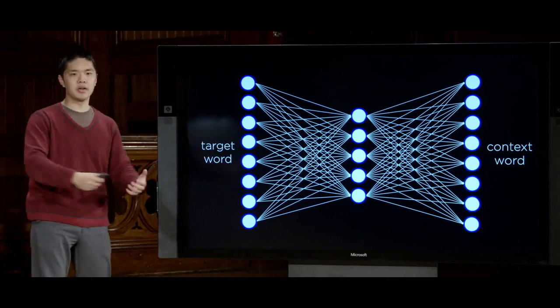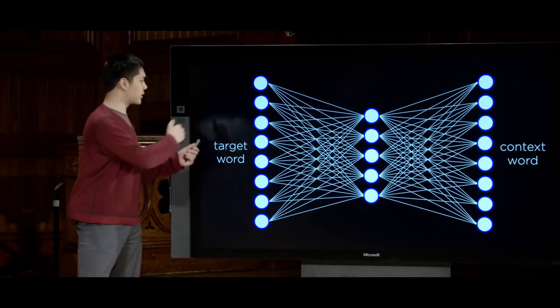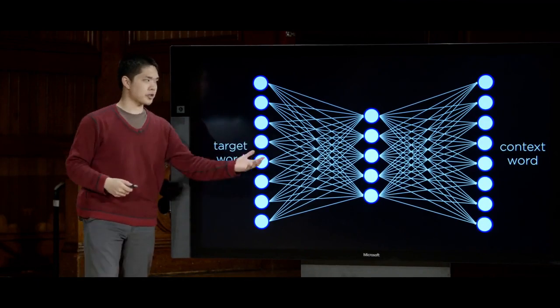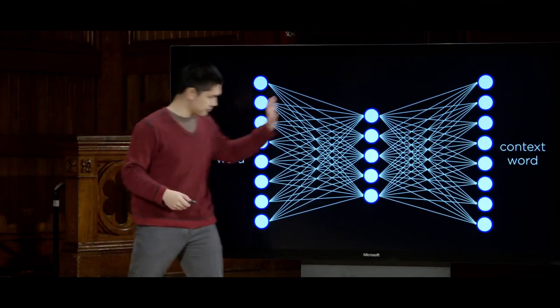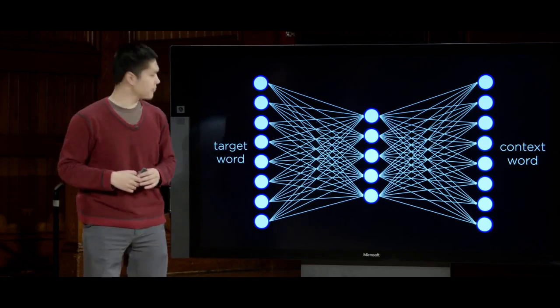And if you just give this neural network a whole bunch of data of words and what words show up in context, you can train a neural network to do this calculation, to be able to predict, given a target word, what those context words ultimately should be.